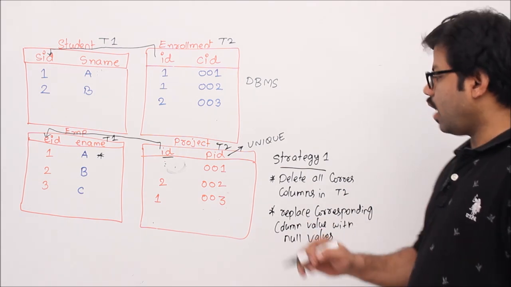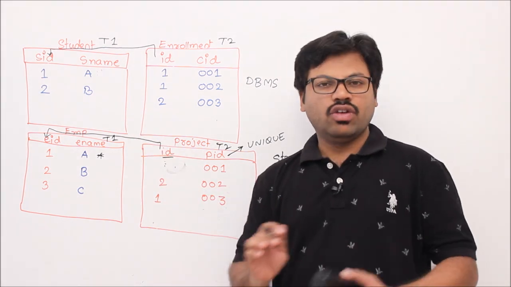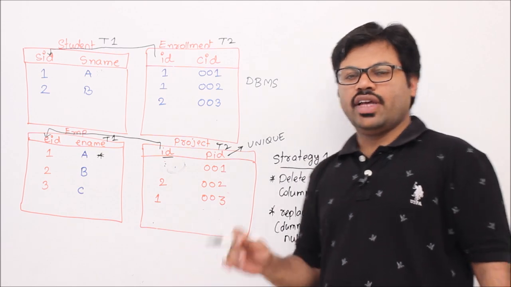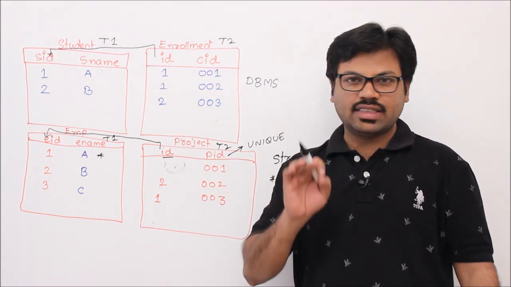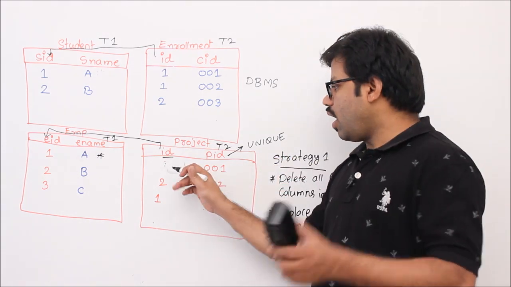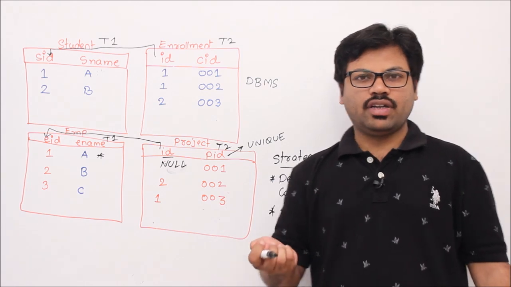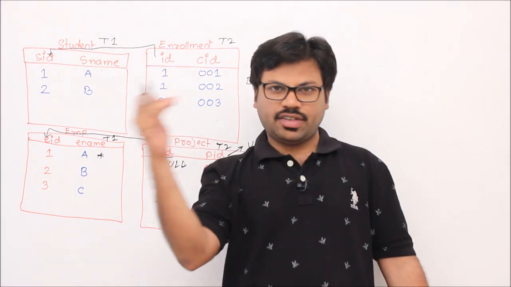What about other strategies? Are only these two strategies enough for you? Will it work for every data? No. For example, let's say this company has a requirement that every project should be handled by someone. So we can't say that some project is handled by null. Sometimes that won't work. Example, let's say you are going on some flight.